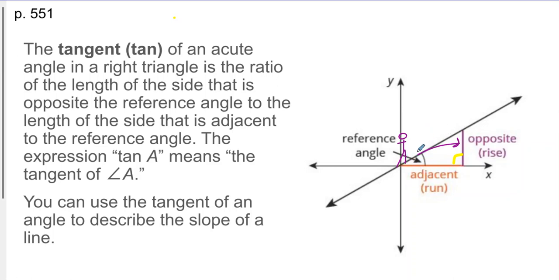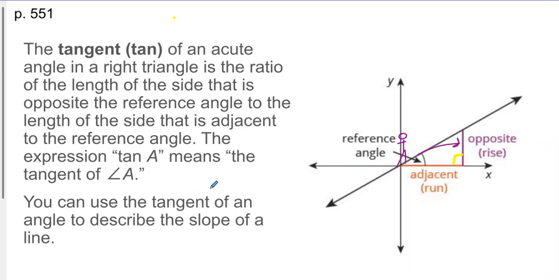The hypotenuse is not being used right now. So it's only opposite and adjacent. That is the ratio of the length of the side that is opposite the reference angle to the length of the side that is adjacent to the reference angle. The expression tangent of A means the tangent of angle A.